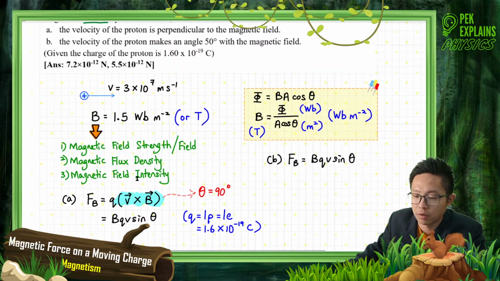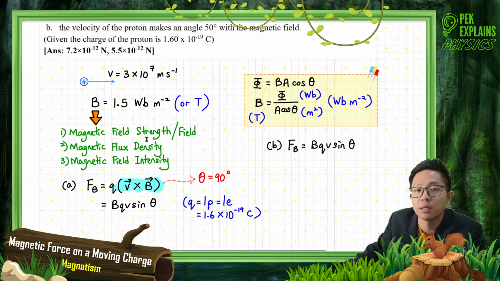It can be magnetic field strength or just simply magnetic field. Sometimes we just call it magnetic field. Or we can say it's a magnetic flux density, or a magnetic field intensity. So it has several names, all mean the same thing. B, magnetic field strength.